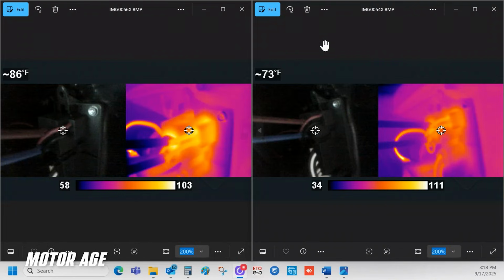However, after we replace the blower motor and replace the resistor and repeat that same test, again with the 5 minute run time, we took the same exact measurement, and it is 13 degrees cooler, backing up the correlation between current flow, voltage drop, and heat.